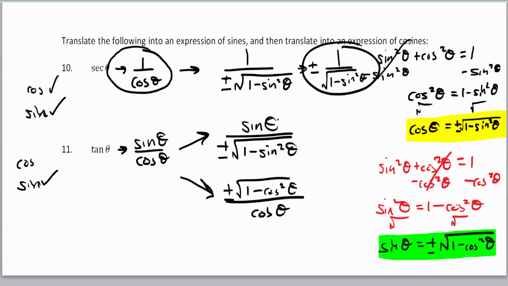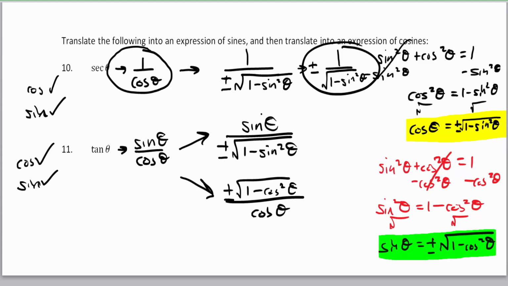Both of these expressions, this one here written as an expression of sine, and this here as an expression of cosine, this is tangent.